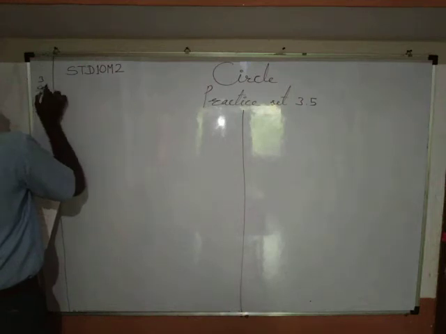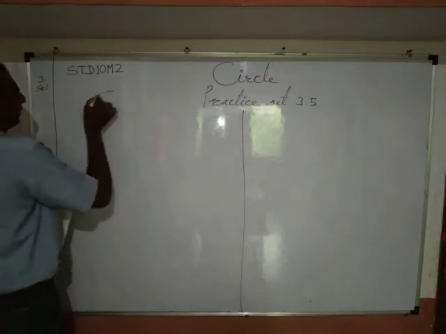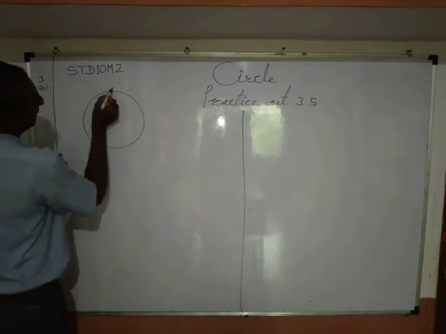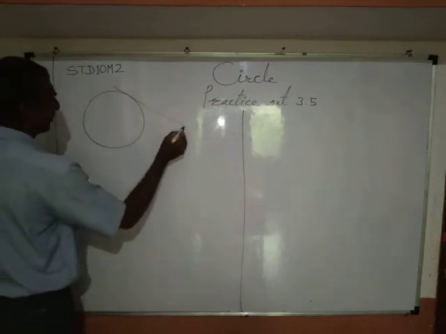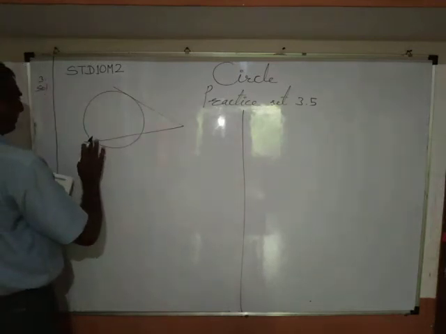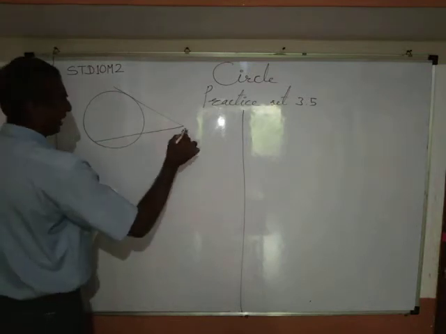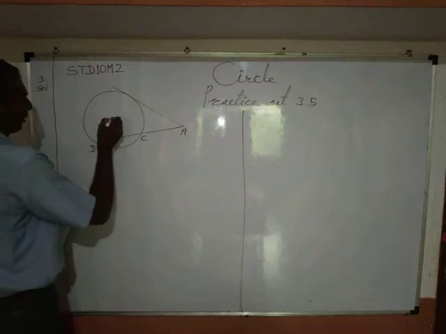Let's redraw the diagram and let's try to mention the given information in the diagram. It tells us that B is a point of contact. Okay. And you may note line ACD is a secant.